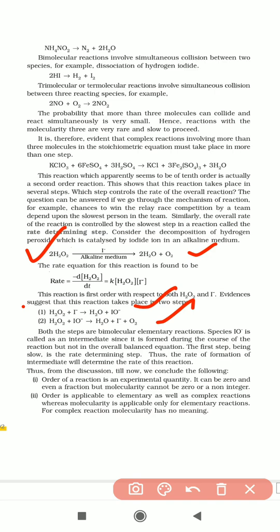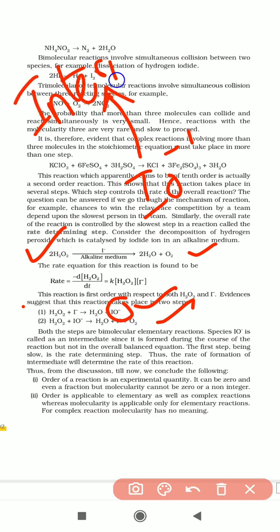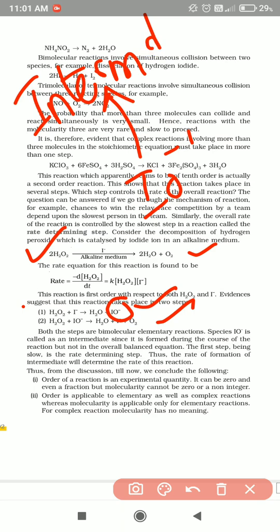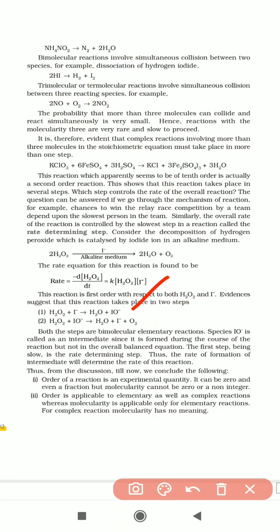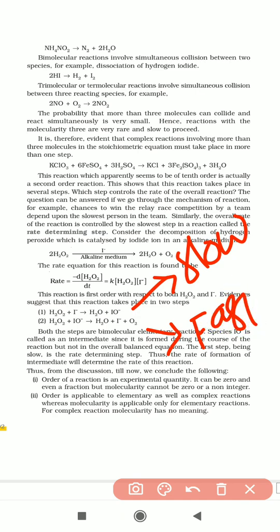In the first step, one intermediate compound is formed, that is IO minus. This IO minus is the intermediate. Because of this intermediate formation, step 1 happens very slowly, the reactant converting into product slowly. And step 2 happens very fast. So by seeing these two steps, which one is the rate determining step?